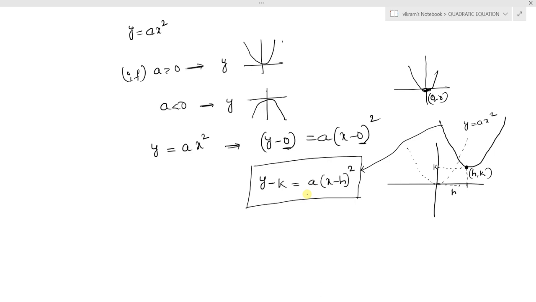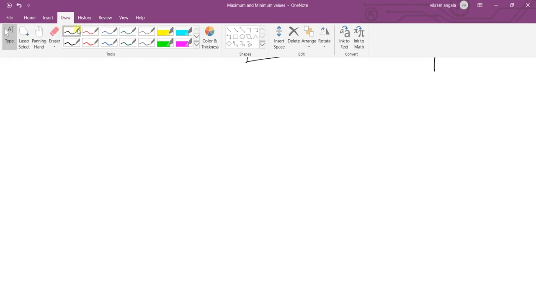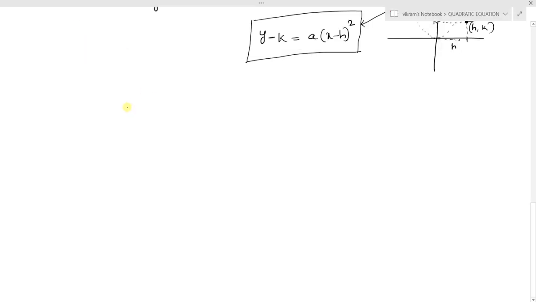Now we will come back to our concept: how to find the maximum and minimum value of a given quadratic equation. Consider the general form of a quadratic equation, y equals a x square plus b x plus c.